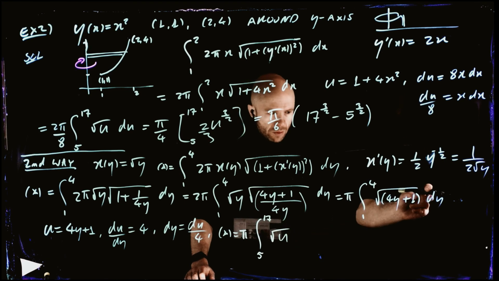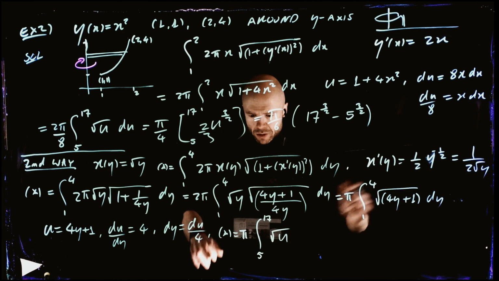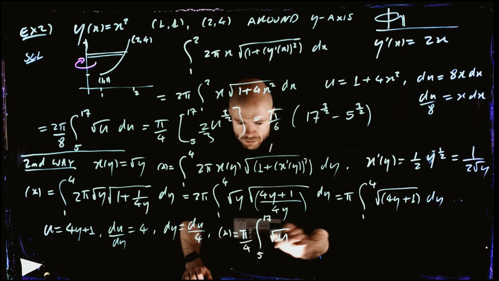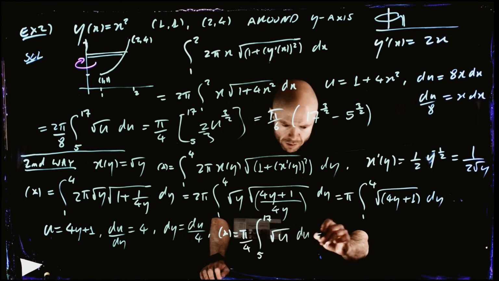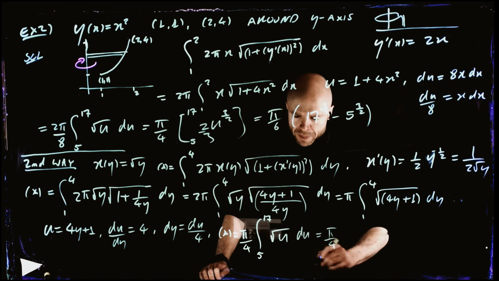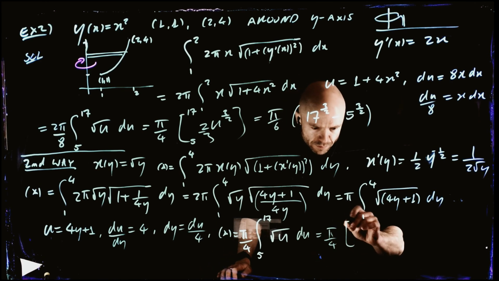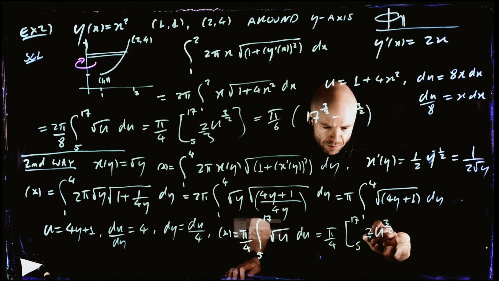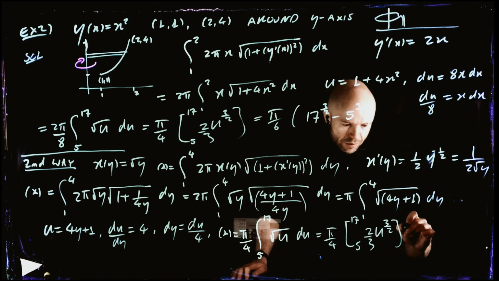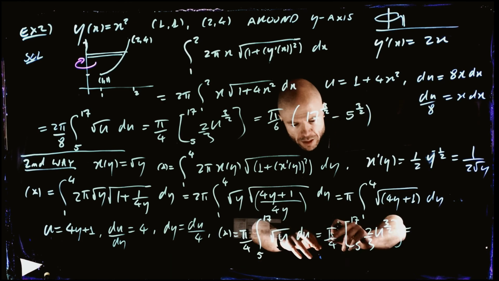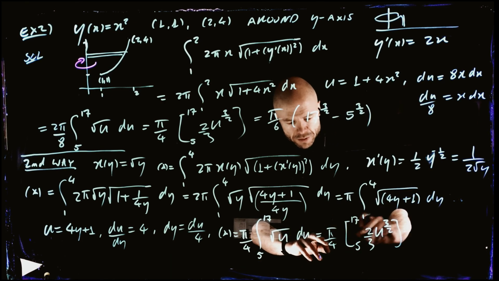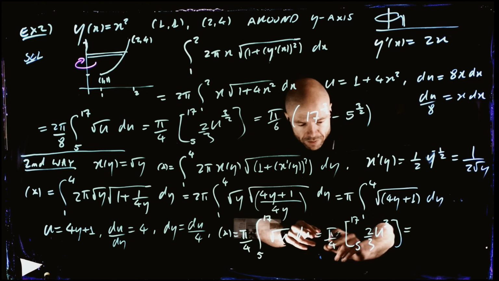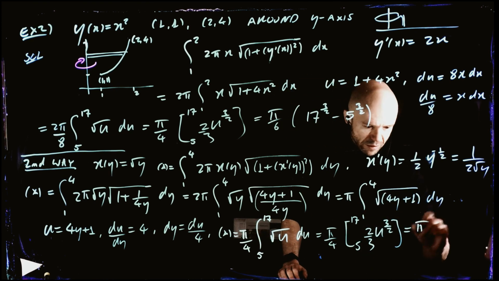And the dy became du over 4, so let's put the over 4 right here. Du, so it's pi over 4. And then 17 over 5, y to the 3 over 2, 2 over 3, and we get the same thing, right? So then the 2 over 4 is 1 over 2, and this 3 goes along, so it's going to be pi over 6.